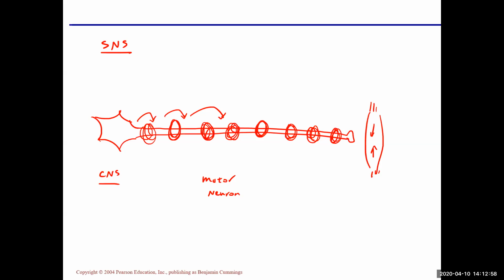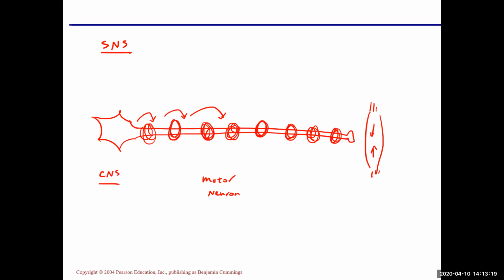There's no interruption, no gap in between. Electrical impulses get right away to the muscles, and they release their neurotransmitter, which we're going to get into next. So this is the efferent pathway in the somatic nervous system.